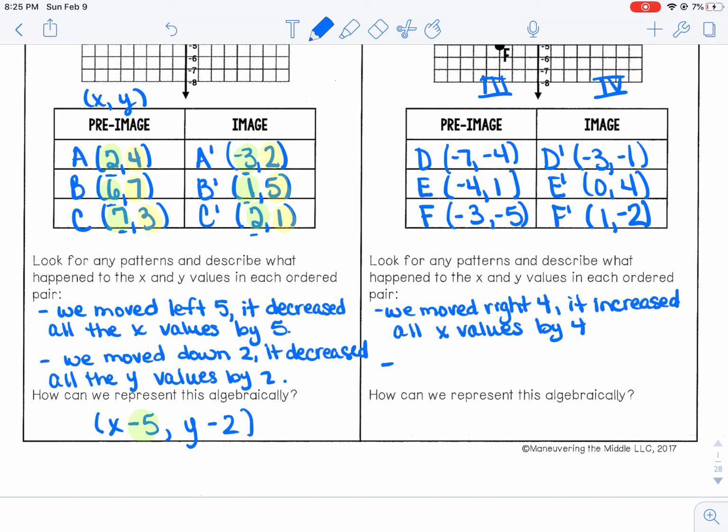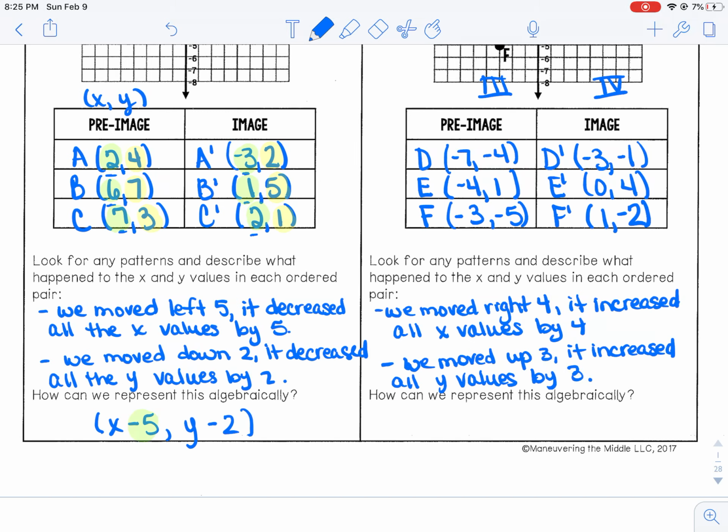And for the y values, we moved up 3. It increased all of the y values by 3.